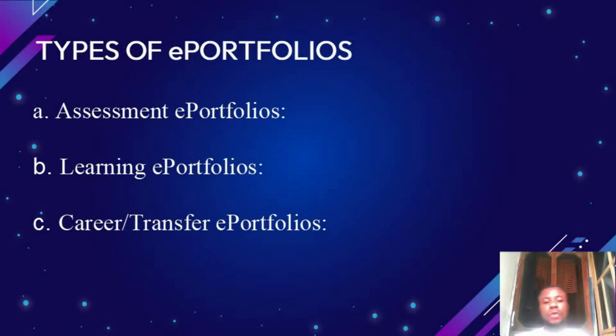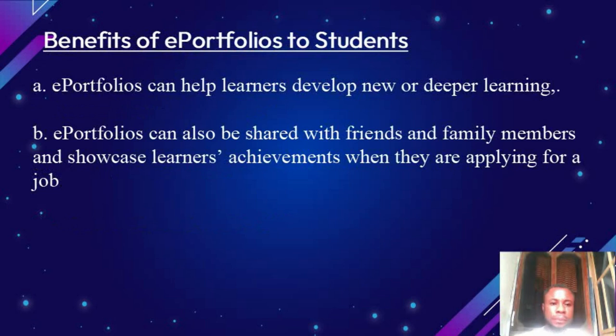We have assessment portfolio. So this one talks about the academic achievement of the learner. Learning portfolio. So this one talks about the learning materials. Students will create a digital collection of the learning portfolio, and the last one here is career or transfer portfolios. It also takes the achievements or the academic certificates of the learner.